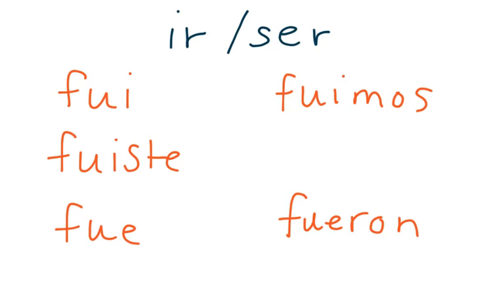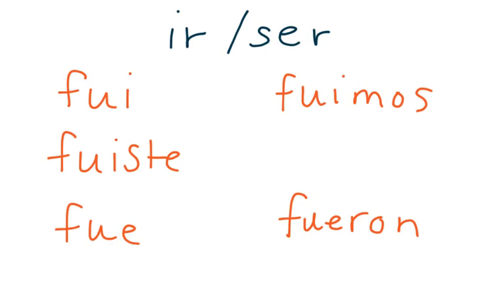Then there's these ones which we've already begun to use a little bit, and what's a little confusing about ir and ser is that both ir, which means to go, and ser, which means to be, have the same conjugations, same words in el pasado. So if you want to say I went, you'd say yo fui. If you want to say I was, you would also say yo fui. So the difference between I was in a place and I was a teacher we can talk about more in class.